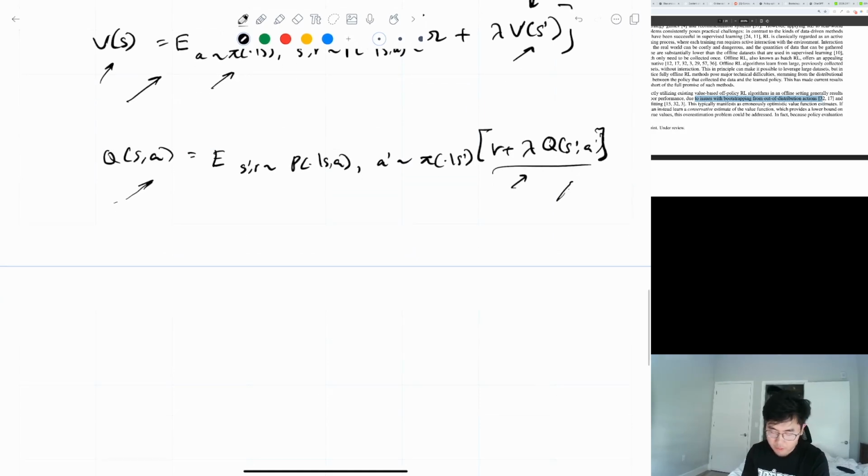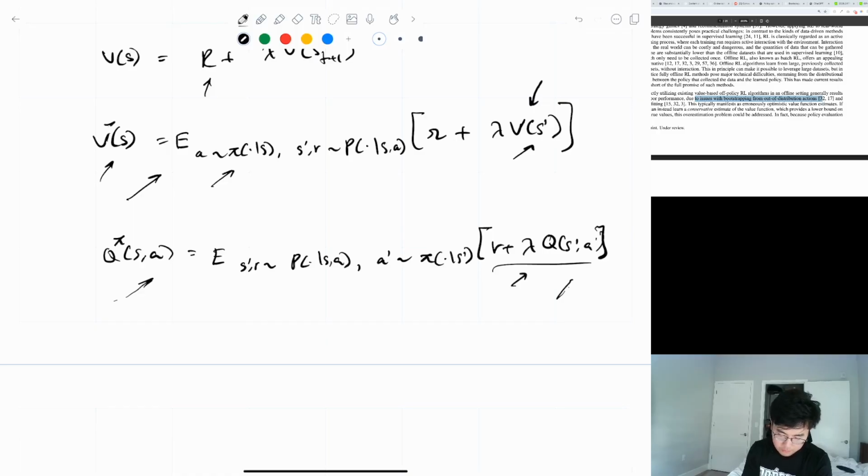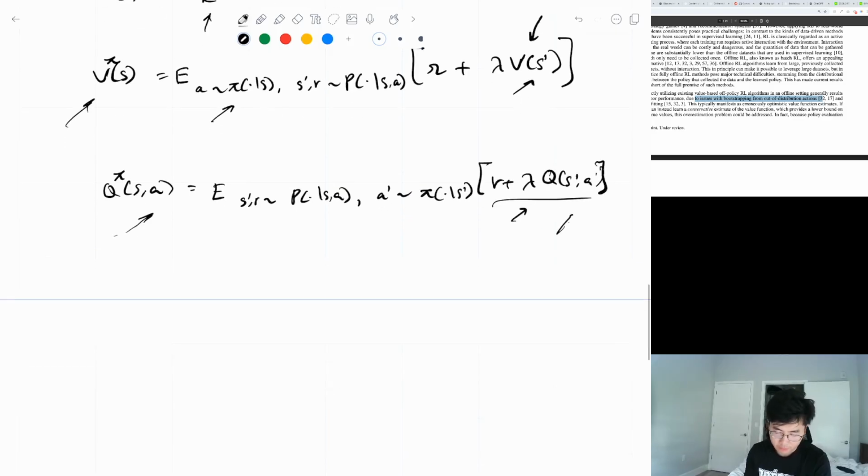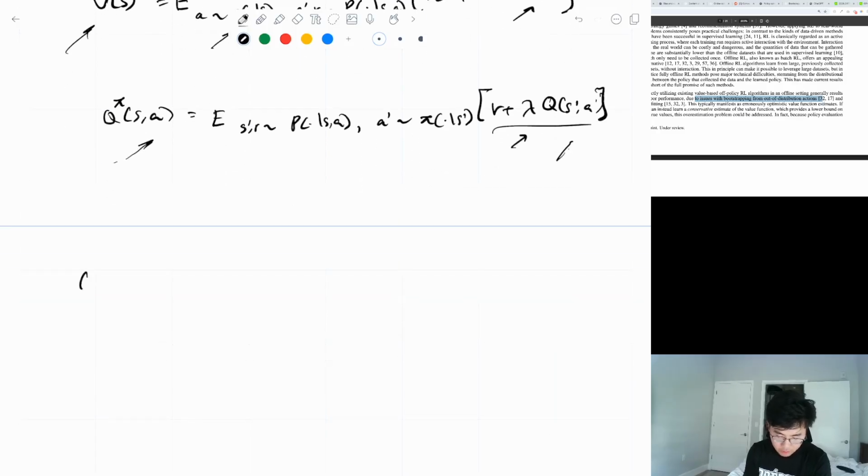This tells us, given some policy, if you follow this policy, what is your expected return starting from this state? And Q(s,a) does the same thing, except it also tells you the action. If you have Q(s,a), then you can determine the optimal action. Your policy will just be pi(a given s) equals argmax over a of Q(s,a).